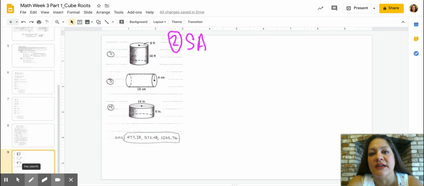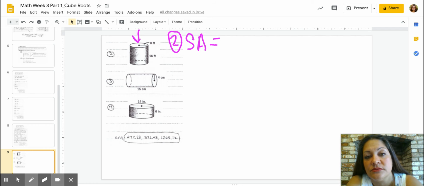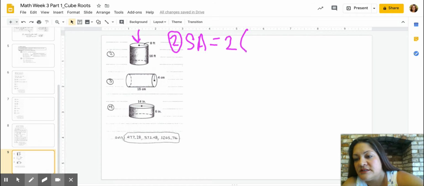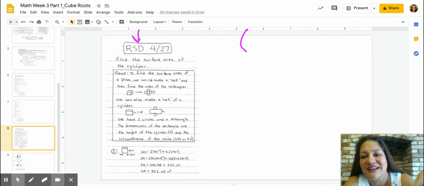Surface area equals, and that is going to be the surface area of both circles. So it's going to be 2 times, and our surface area is, remember? There it is. There's our surface area, pi r squared.